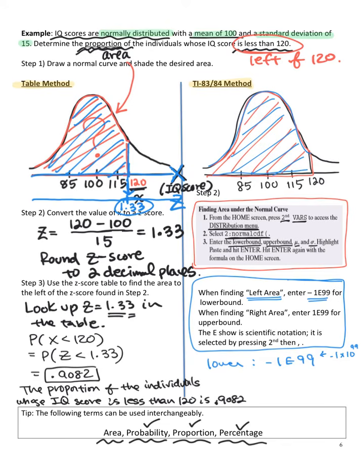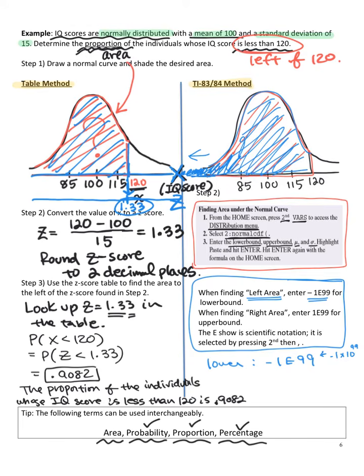Since the normal curve goes on forever and ever, and x values keep getting smaller and smaller, that's why we're using negative 1E99 as our lower bound.